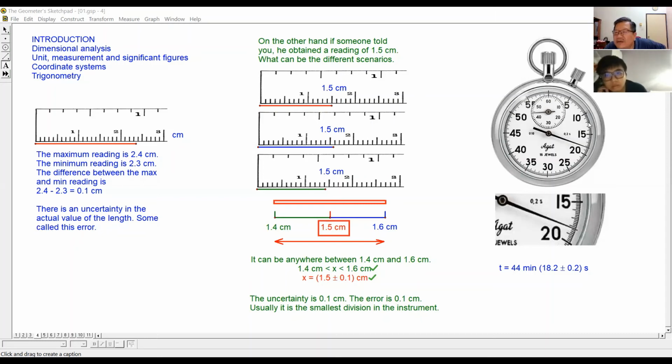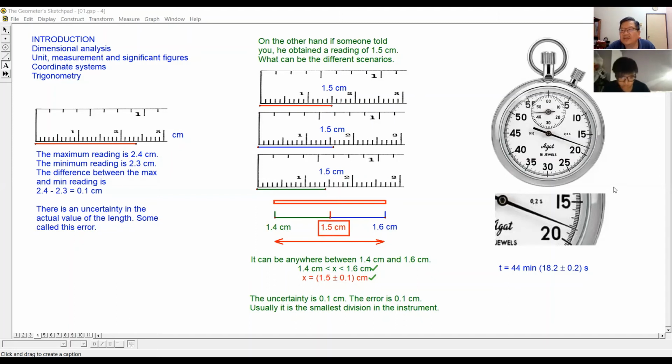And this big division is divided into 5 smaller divisions. This is 15, then this over here is 16, then 17, 18, 19, 20.